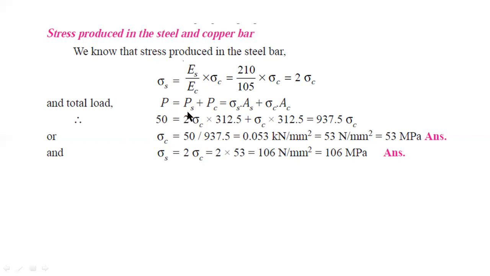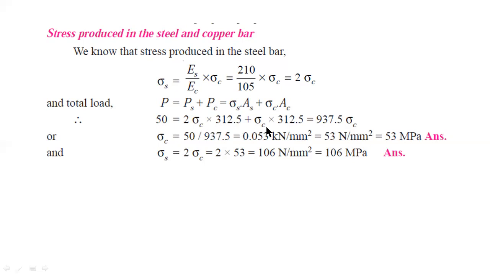Substitute the values of PS and PC here. PS equals sigma s into AS. Here sigma s equals 2 into sigma c, so 2 sigma c into 312.5 plus sigma c into 312.5. Here AC and AS are both the same, that is, area of steel equals area of copper.